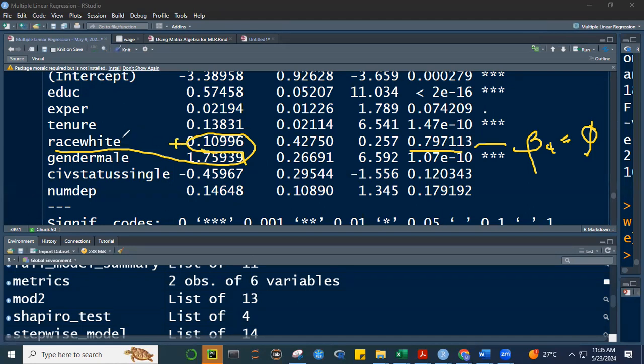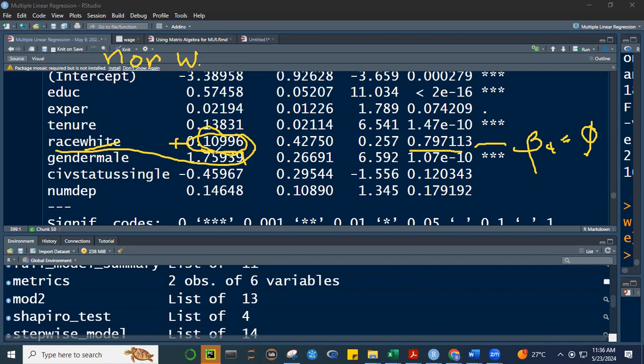So you're now benchmarking this value to the benchmark, which is non-white. Didn't I tell you that non-white is the reference? It is the benchmark. So you should interpret this as the white employees on the average tend to have around $0.11 more than their non-white counterparts, ceteris paribus. Okay, so I hope that's clear, class.